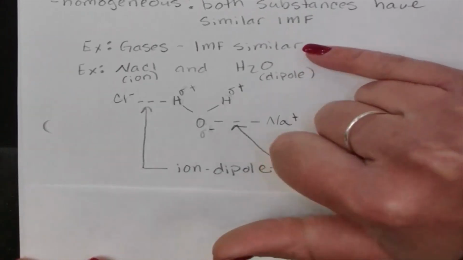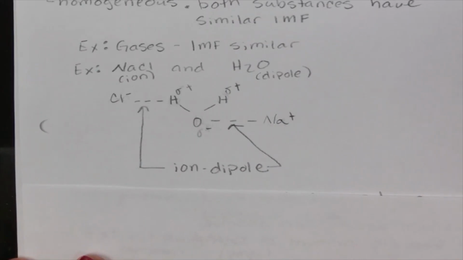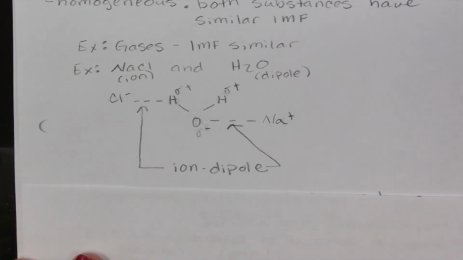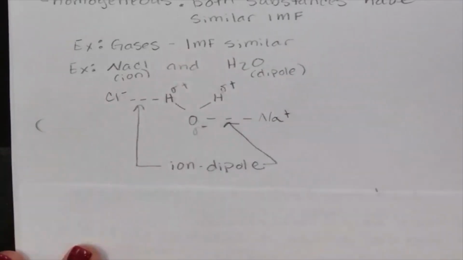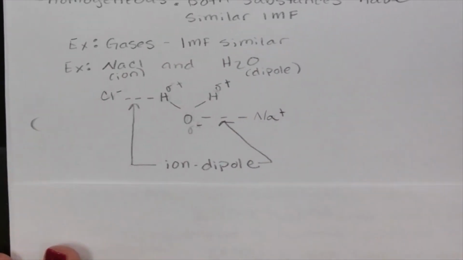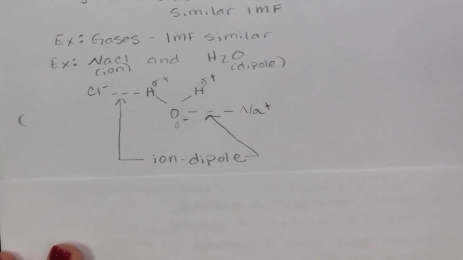Gases, for example, have similar intermolecular forces because if you remember, we said that gases tend to behave as an ideal gas, and in an ideal gas, we say that intermolecular forces aren't there. So now we know that the intermolecular forces are there. They're just very similar, which is why we're able to have, like air, for example, where it's mixed evenly throughout.